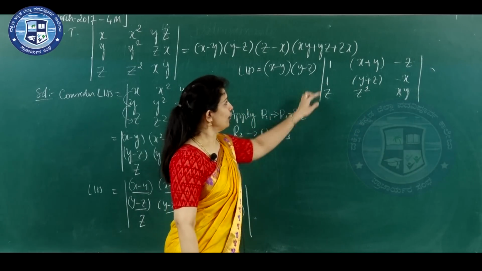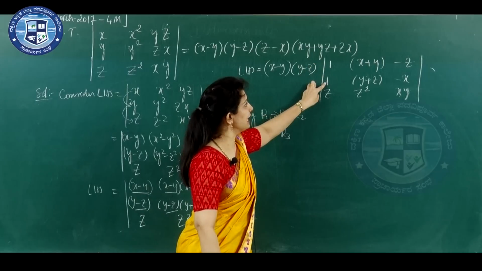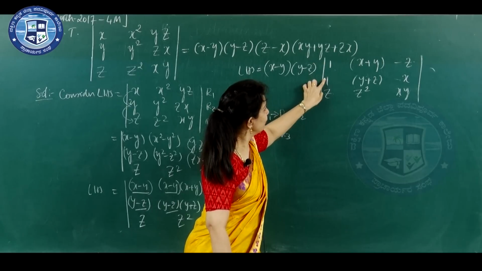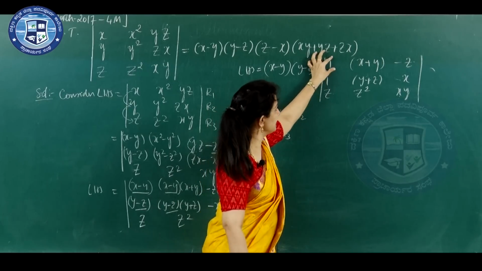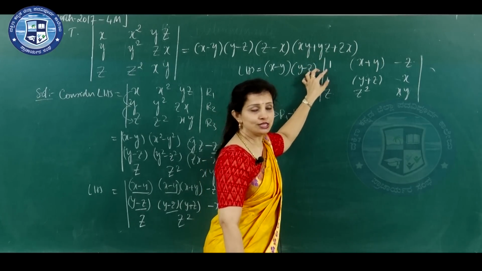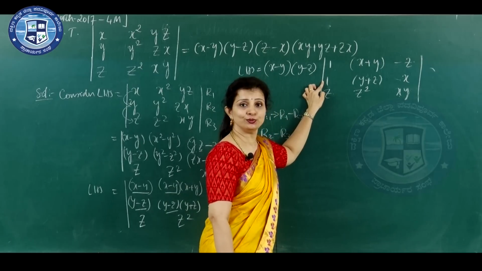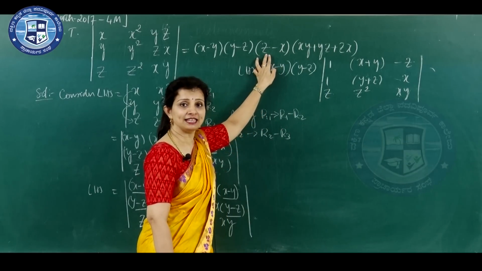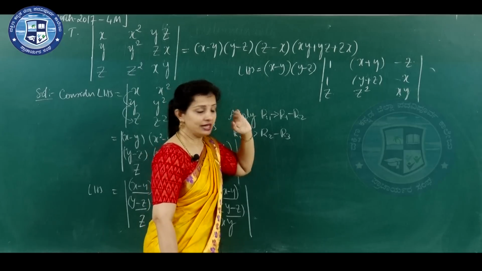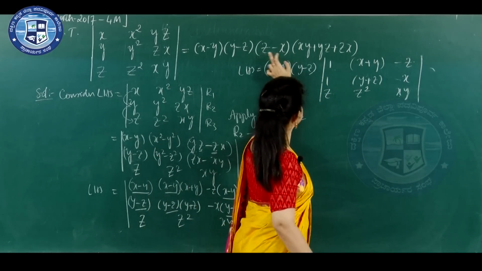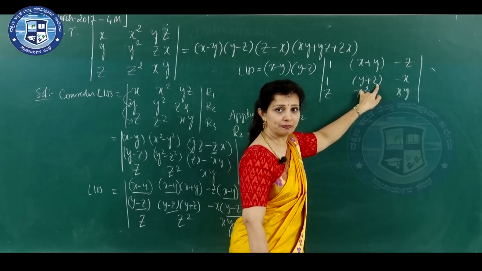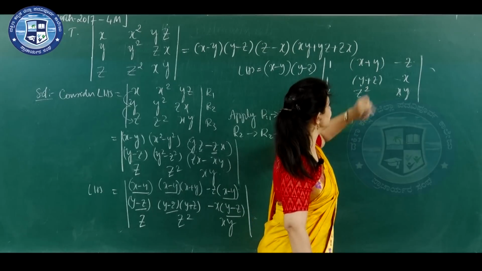Right? Now, observe here R1 and R2 elements are such that the first element is 1, here also 1. So, it is possible to subtract these two rows, and the third factor, you know, the third factor is z minus x. Is it possible to get z minus x? Look at this, y plus z minus x minus y.